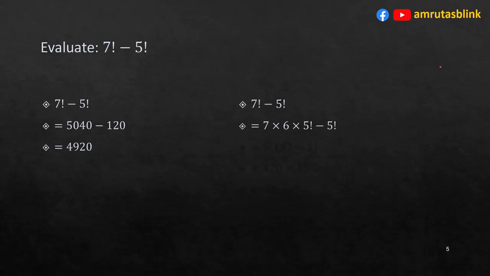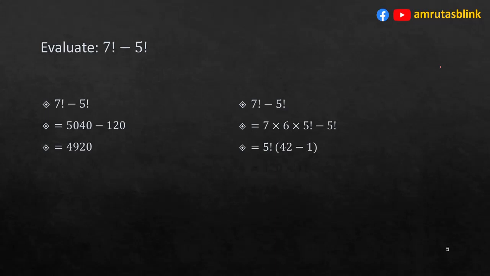Now what we will do is we will split this 7 factorial up to 5 factorial, as in we will split the bigger number up to the factorial of the smaller number. So 7 factorial we will split into 7 into 6 into 5 factorial, minus 5 factorial as it is. Now this 5 factorial we will take out as common part.